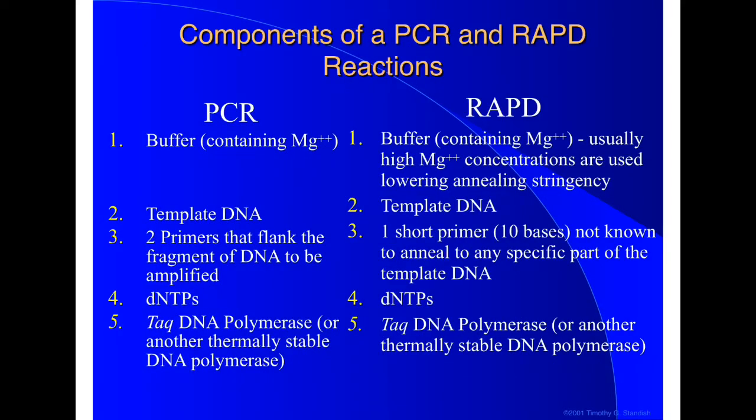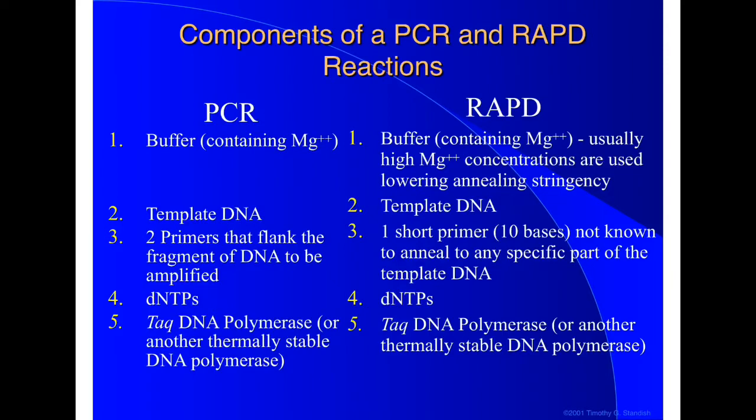So, the difference between the PCR and the RAPD. In both cases we can use the buffer solution containing magnesium 2+ ions. Usually high magnesium 2+ concentrations are used to lower the annealing stringency.